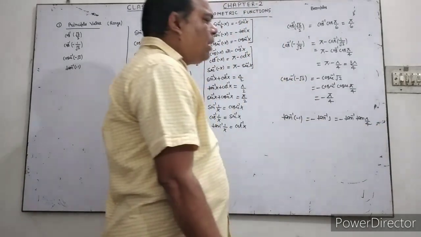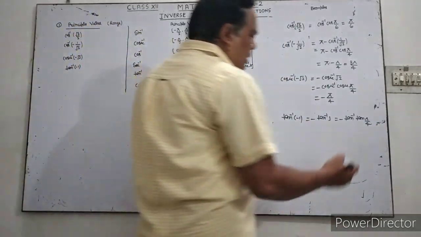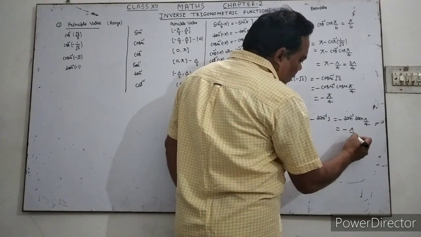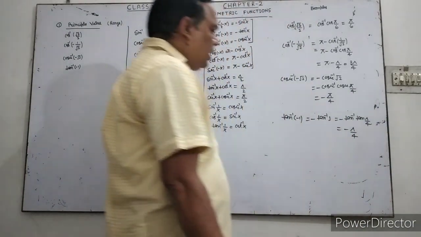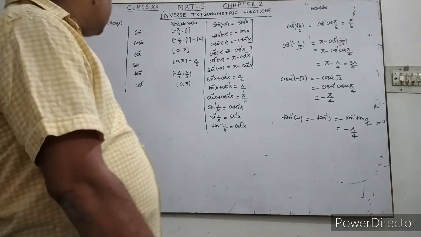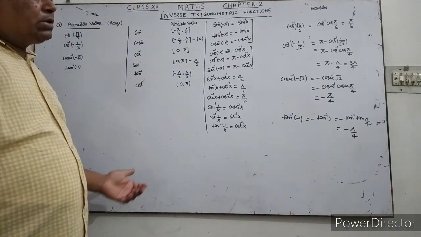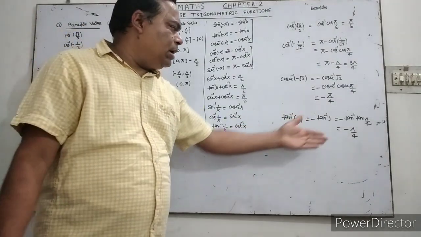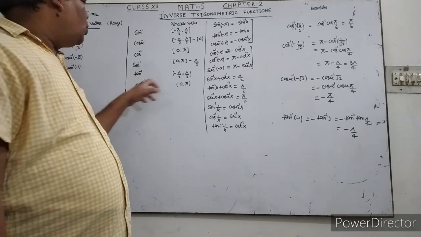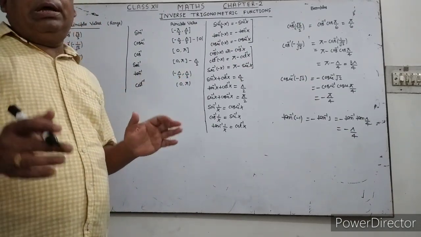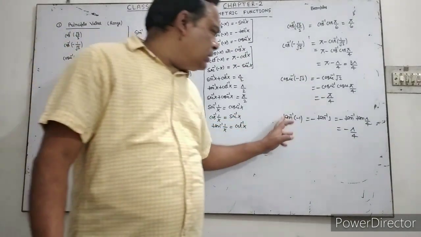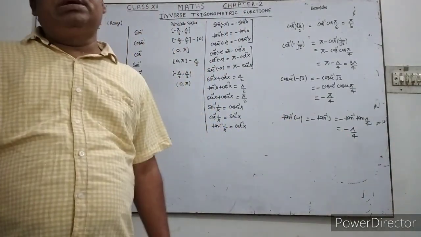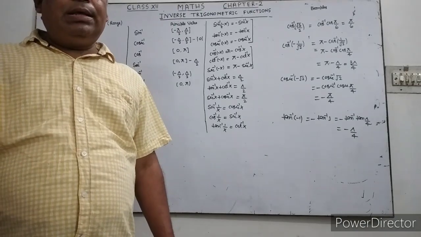Tan is cancelled, then this is minus pi by 4. Now what is the range of the tan inverse? The range is minus pi by 2 to pi by 2 in open interval. And the value of tan inverse minus 1 is minus pi by 4, which means minus 45 degree.